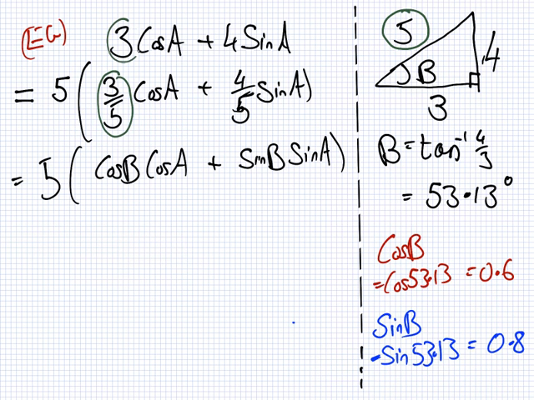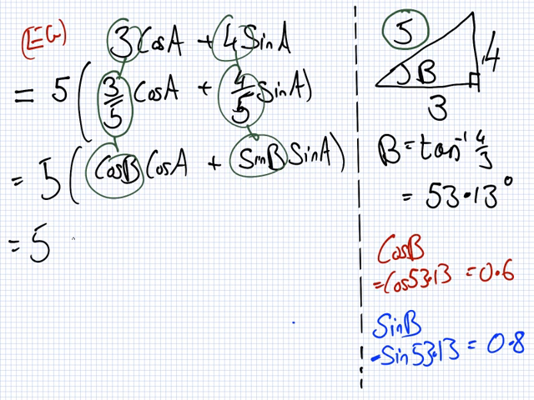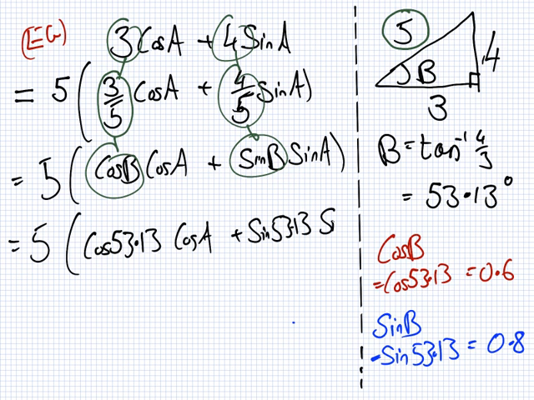So what you've done is you've changed 3 into 3/5 into cos B, and you've changed 4 into 4/5 into sin B. Or rather, you've changed it into 5 cos 53.13 cos A plus sin 53.13 sin A. And this is the cos A minus B formula.